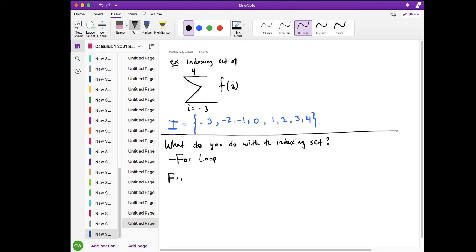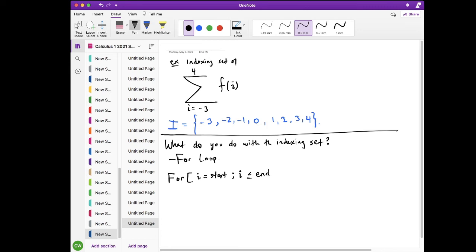For, and then you have i equals the starting index. And then what do you do every time you do your loop? Or sorry, it's always going to be in between the start and the ending index.